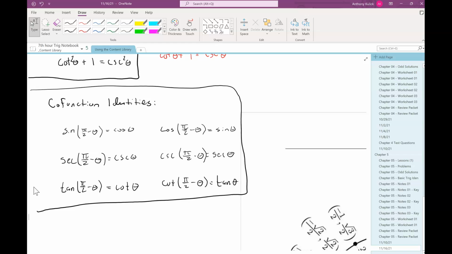So sine and cosine are complementary functions because sine of theta is equal to cosine of the complement of theta and vice versa. Secant and cosecant are complementary functions because secant of theta is equal to cosecant of the complement of theta. And the same thing with tangent and cotangent, complementary functions. So the naming convention for our trig functions reflects these identities that we've just written down.